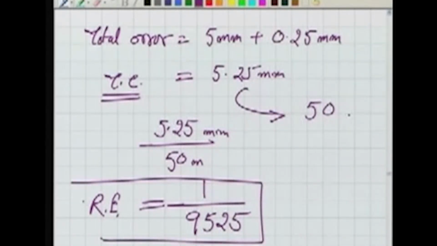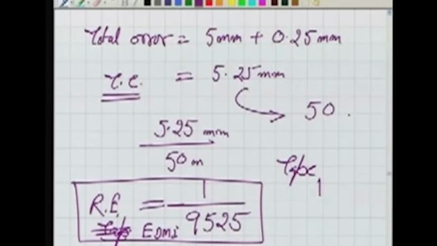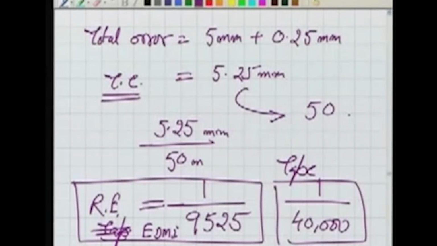This is the relative error by EDMI. We are doing the computation for EDMI. While by tape, we know the relative error is 1/40,000. So what is the meaning? What do we understand from this?